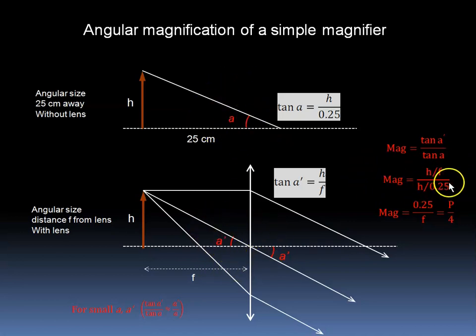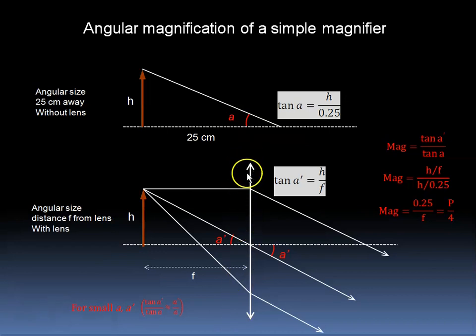With a little bit of algebra, we end up with magnification equals 1/4 of the power of the lens. For small angles, alpha and alpha prime, the tangent of these angles is approximately the same as these angles, so that the angular magnification, alpha prime divided by alpha, is approximately equal to 1/4 of the power.